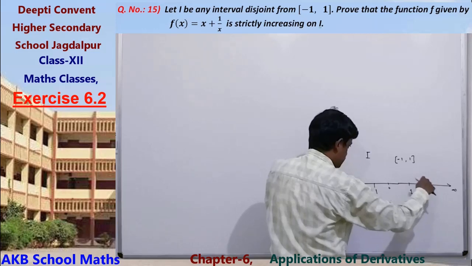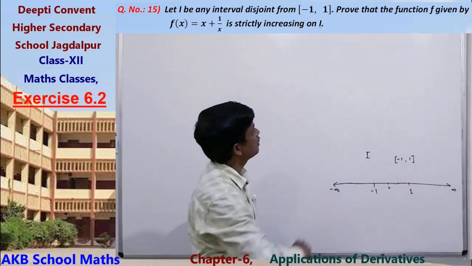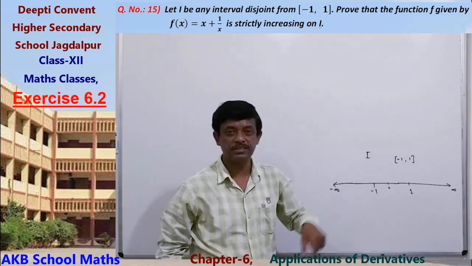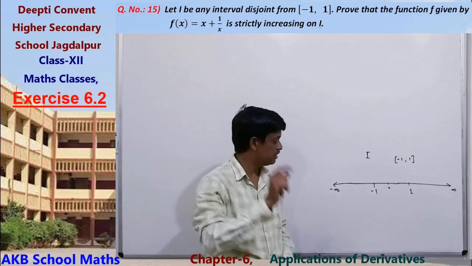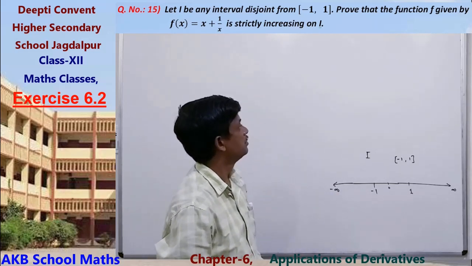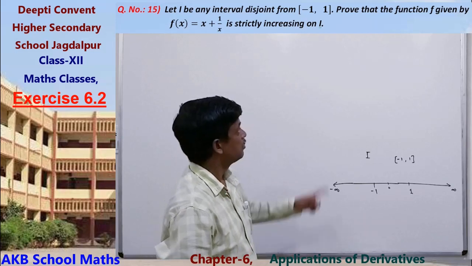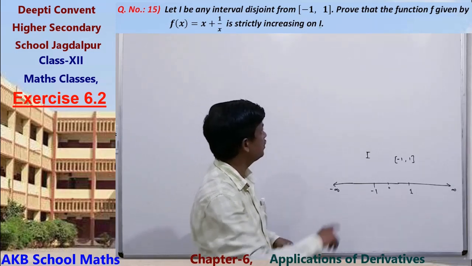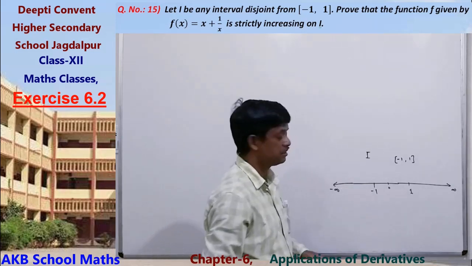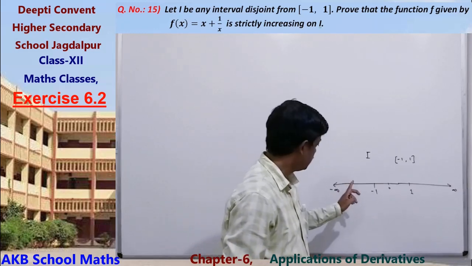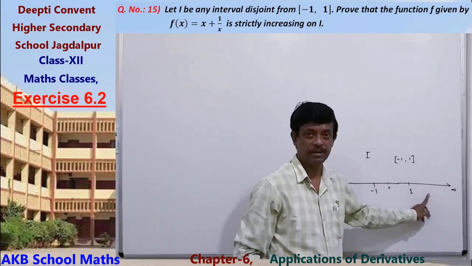In these two places, the given function f(x) equals x plus 1 by x is strictly increasing. So we have to prove that the function is increasing in this and this interval.